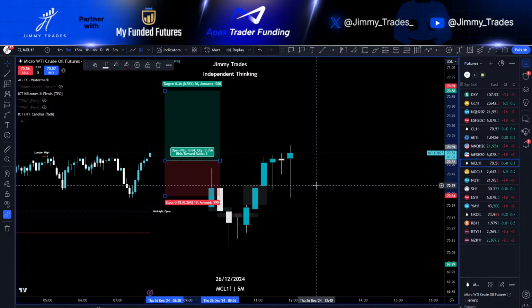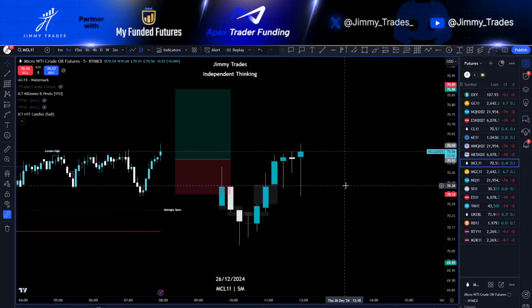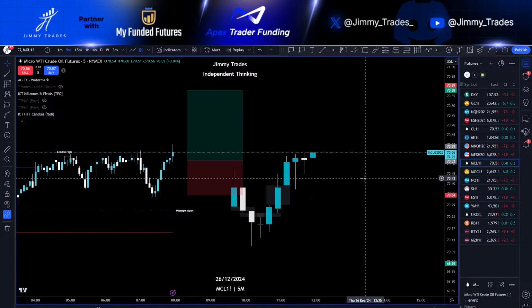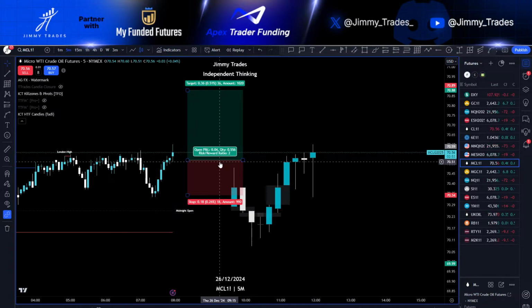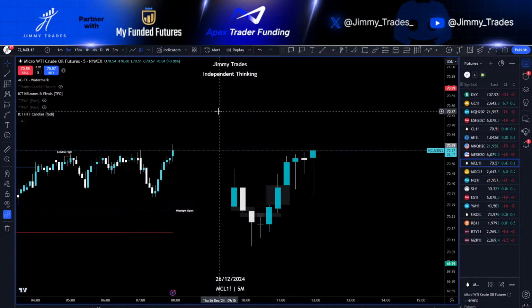So just keep in mind that some features you might use on demo may not be there when you have a funded account, or I should say a prop firm account. But certainly using that position tool is by far the easiest way to go about it.